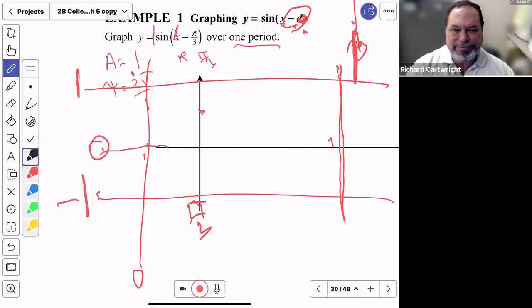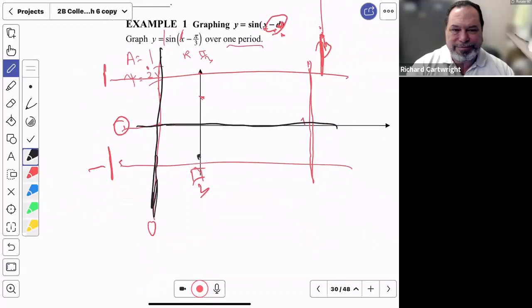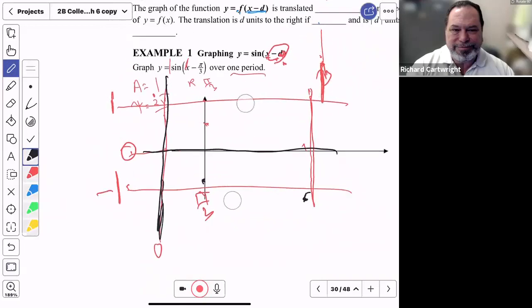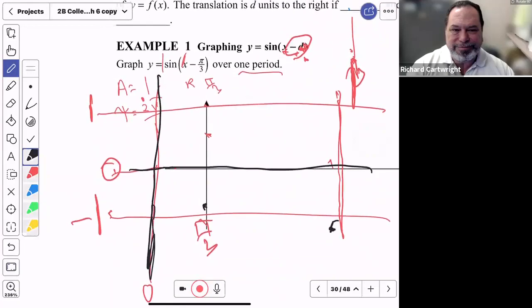So technically my x-axis is still here, but my y-axis is back here, but who cares? All I care about is where does it start and where is it going to finish? Now, we said that it finishes in 2 pi. I wrote it somewhere. Yeah, I did right here.